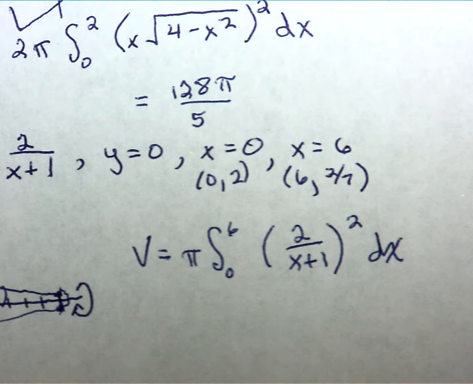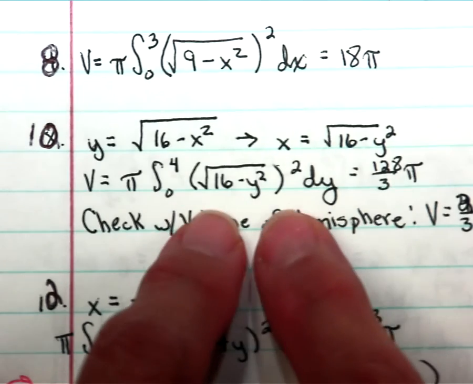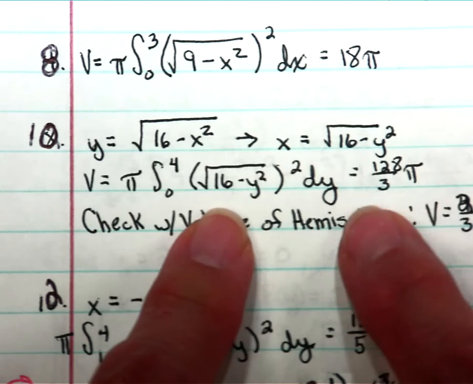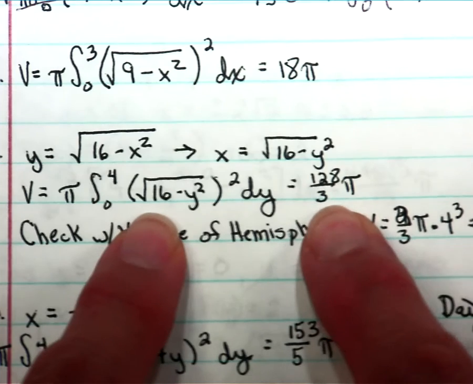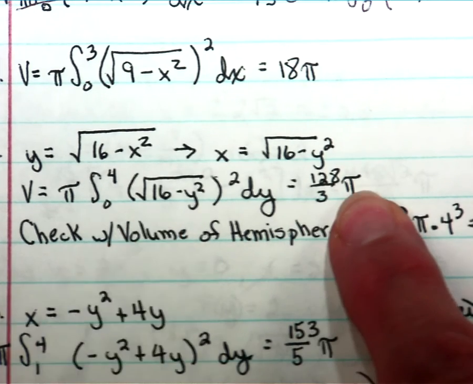That was example 4. Here's that note I wanted to say about number 10. This is the integral we set up, and I did it to get the exact value, 128/3 pi.